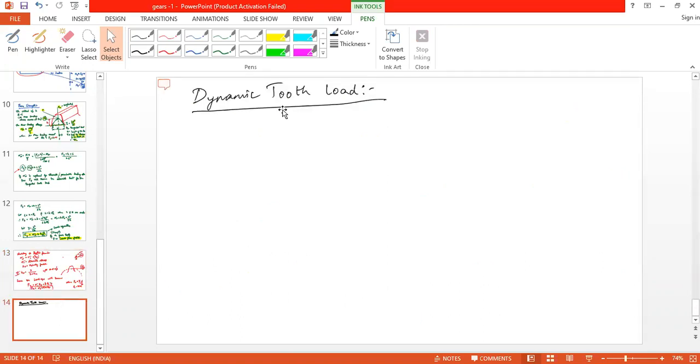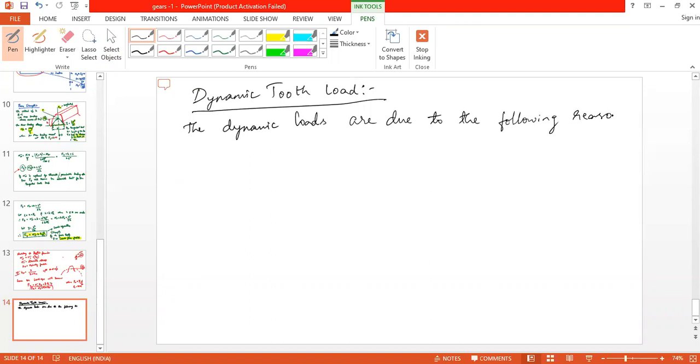And here the dynamic loads are due to the following reasons. One is inaccuracies of tooth spacing.